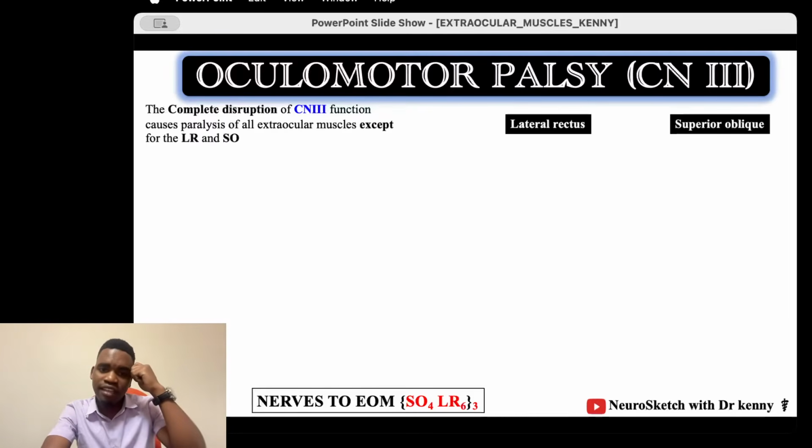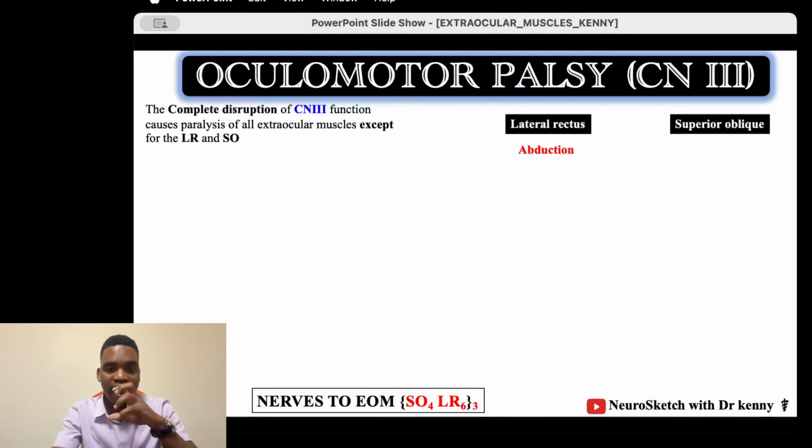But what does the lateral rectus do? The lateral rectus does the abduction. Okay, correct? And then what about the superior oblique? We've just discussed the superior oblique.